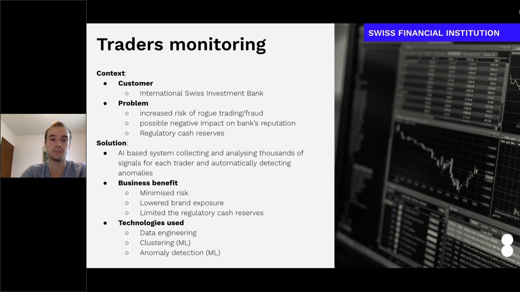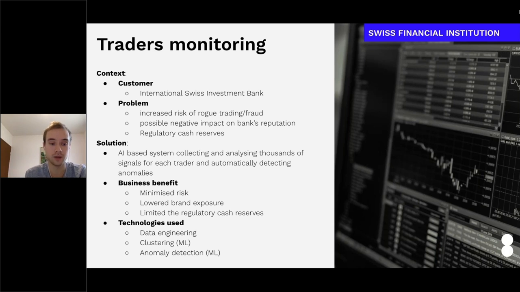What investment banks would like to achieve is to flag so-called rogue traders, who are likely to commit fraudulent trades, which leads to all kinds of problems for the bank, such as huge losses, a negative impact on the bank's reputation, and the need for regulatory cash reserves.